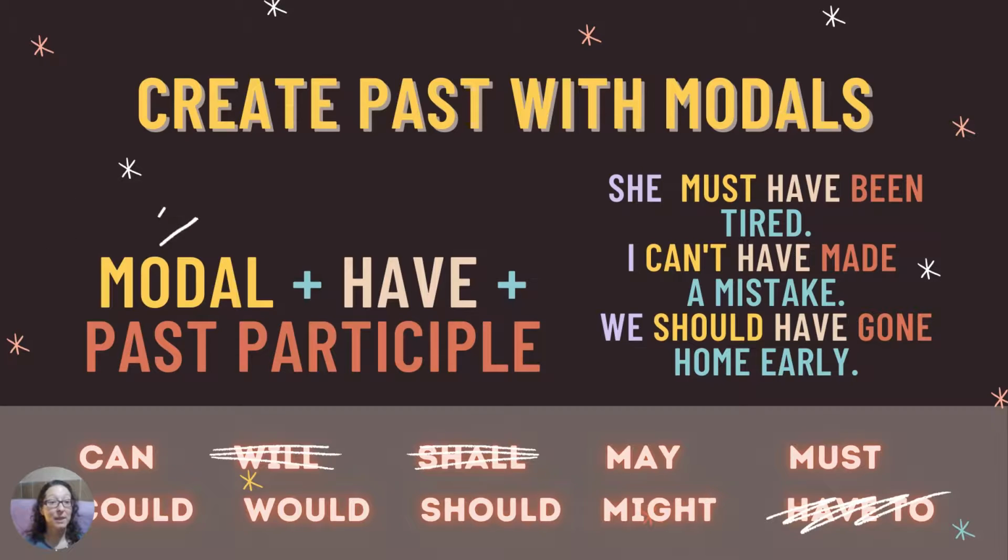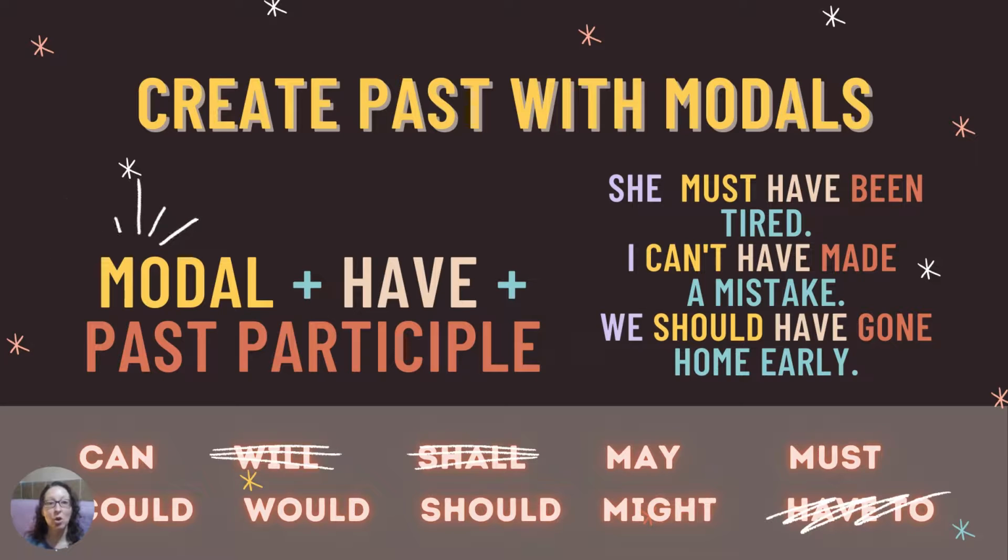All right, so we said that we don't change the modals, we don't add ed to them in order to create the past. So how do we create the past? Well, we put it in something like the perfect form. So we put have and the past participle of the main verb after them. So she must have been tired.